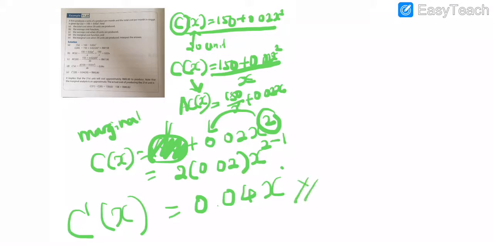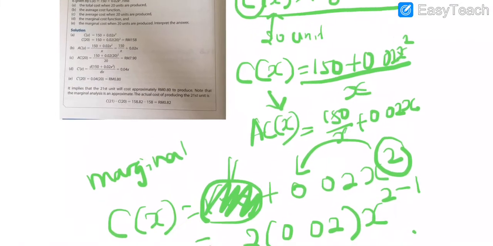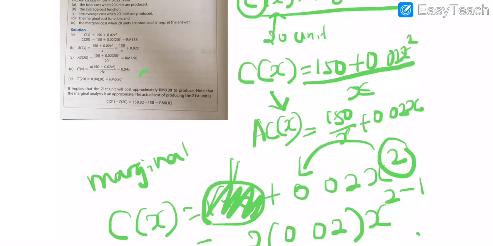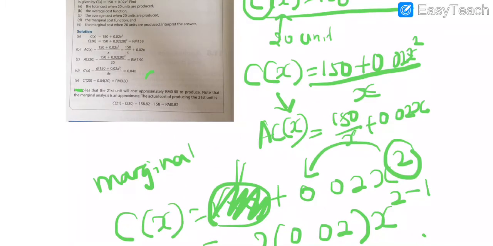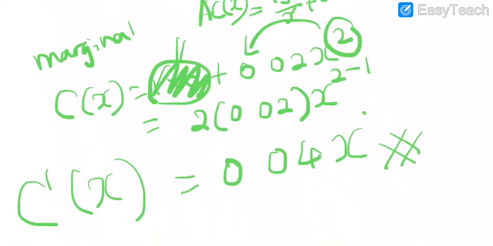So this is the differentiate of the marginal cost. When the question talks about marginal, meaning to say that you have to differentiate the function. Then the marginal cost when 20 units are produced. This is so simple, whereby you just plug in 20 here. Okay, understand?